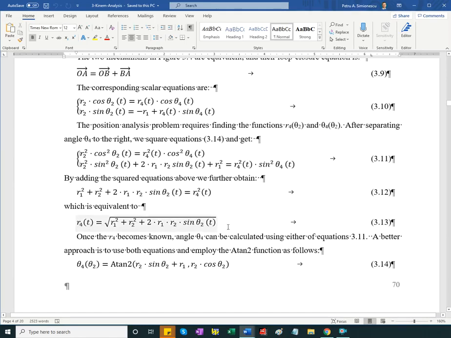Anyway, we've got r4, and once we have r4, we can come back to any of the original equations and solve for theta 4, preferably working with both and calculating cosine theta 4 and sine theta 4, in order to apply the arctangent function, which is more forgiving, because the arguments can be from minus infinity to plus infinity. If we use the cosine function, we need to make sure that the argument is between minus 1 and 1.